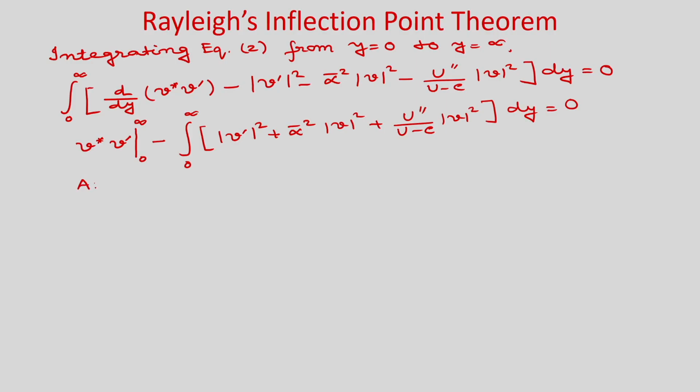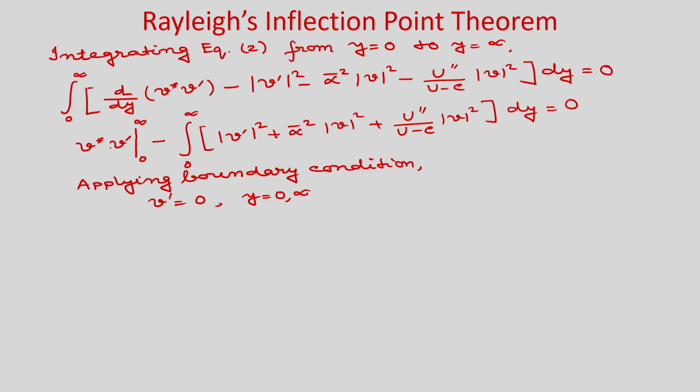Now the first term on the left hand side: applying the boundary conditions, v prime at y equal to 0 is 0, and v prime as y tends to infinity is 0. So this term will become 0.